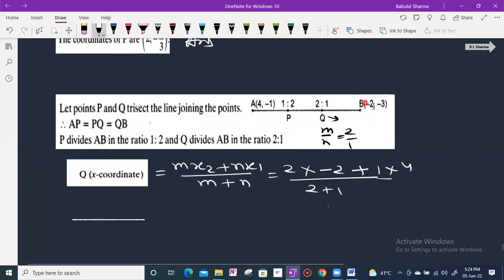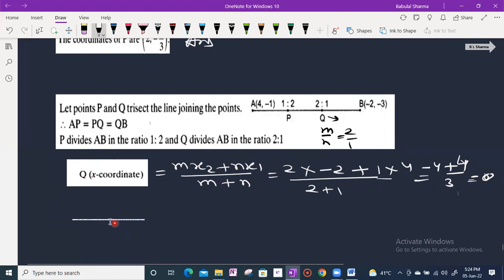So देखिए ये रहा x2 minus 2 and x1 4. m:n is already given. यदि m 2 है तो n 1 है. On further simplification, (-4 + 4) upon 3, that is 0. So the x coordinate of point Q is 0 using the section formula.